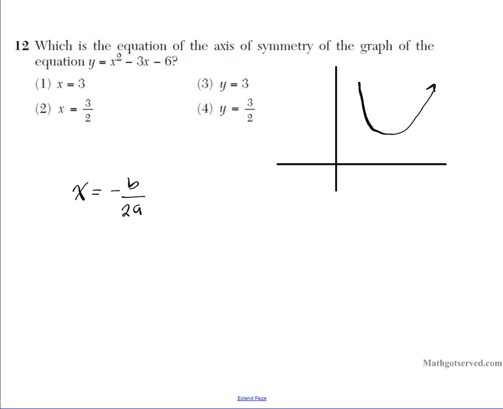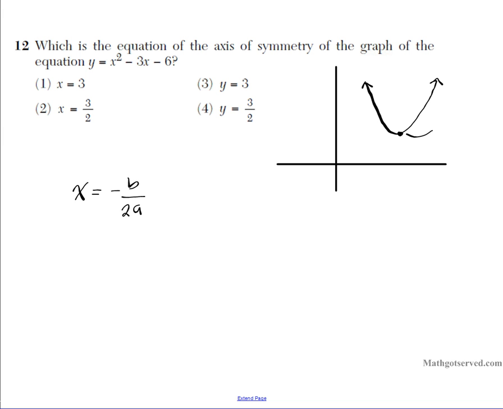Let me draw it again. So you have a parabola like this. You always have a vertex, and the coordinate of the vertex is negative b over 2a, comma f of negative b over 2a.